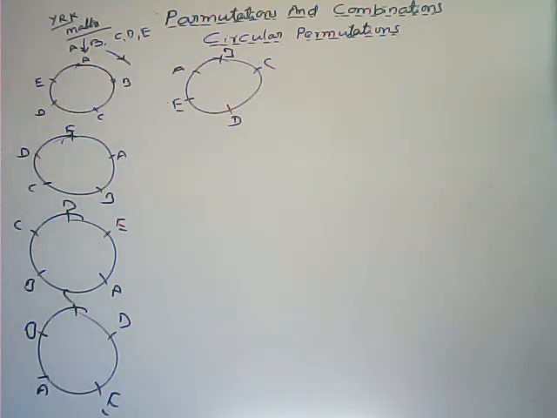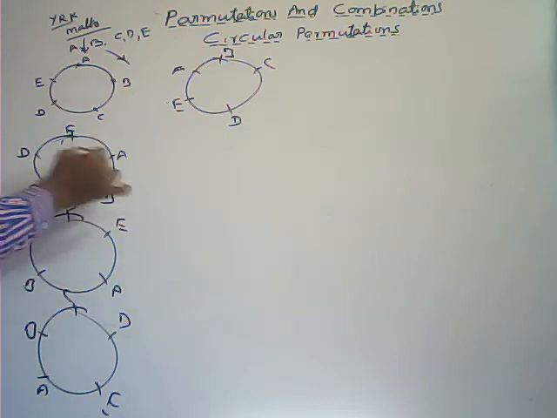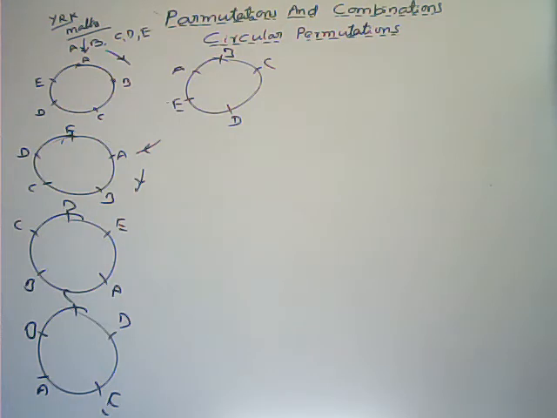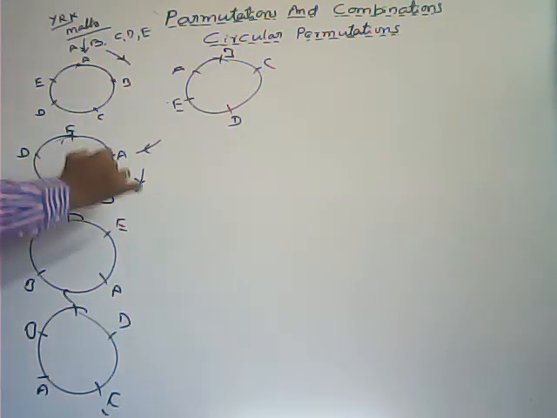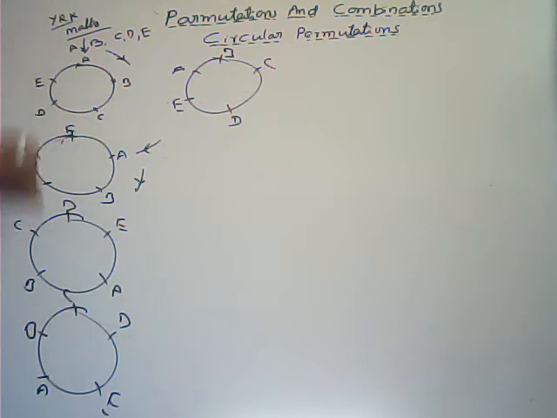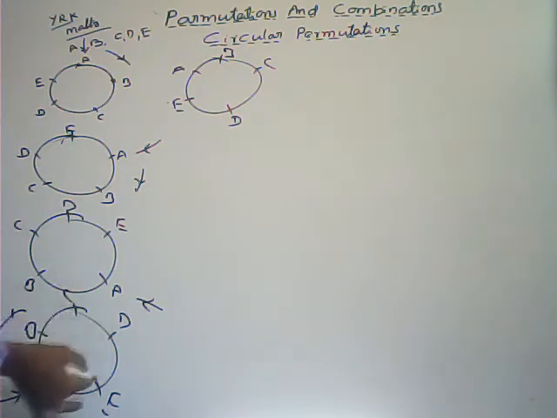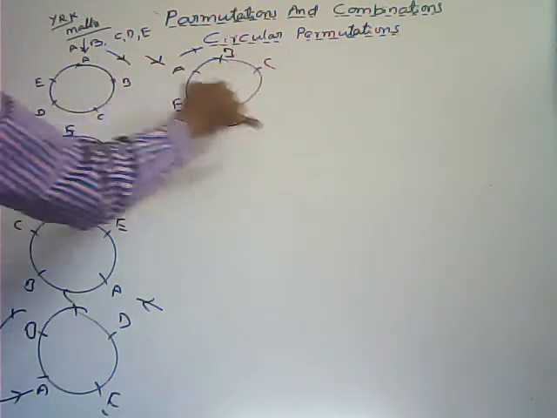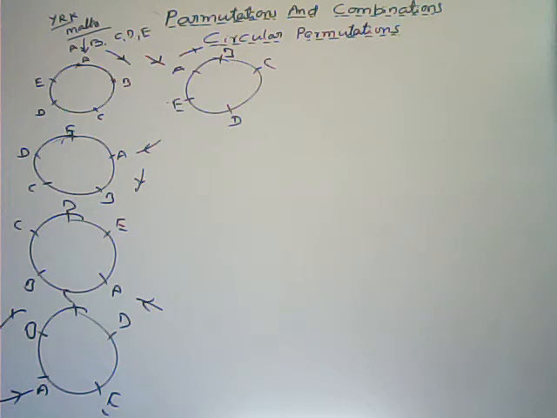A, B, C, D. If the observer observes from here in this way, in the clockwise direction, always observing in one direction, not in both directions, this is another circular permutation: A, B, C, D. Here also we get A, B, C, D. Here also A, B, C, D. If the observer observes from here in the clockwise direction, again A, B, C, D. Here also objects A, B, C, D. Everywhere we are getting the same letters only.